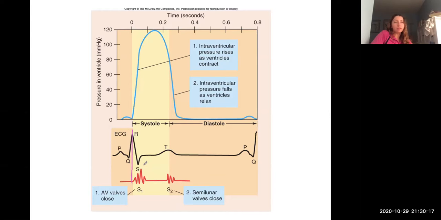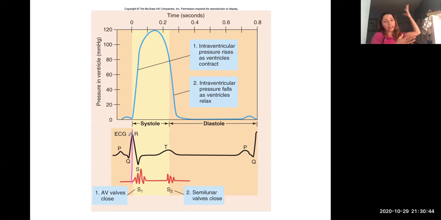When the ventricles start to contract, at the R, because of the depolarization from the nodal cells to the contractile cells, once the QRS complex happens, the myocytes start to contract, and the ventricle starts to contract.